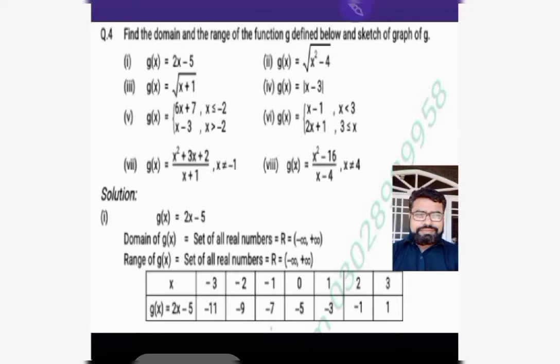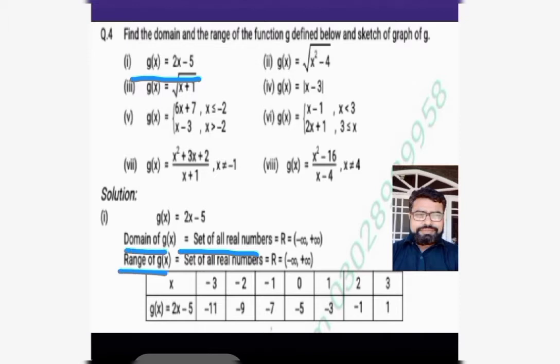The question. Here is the function g of x is equal to 2x minus 5. As the power of x is 1, if power of a variable is 1, it's a linear function and its domain and range, you have to learn for whole life that its domain and range is the set of real numbers.